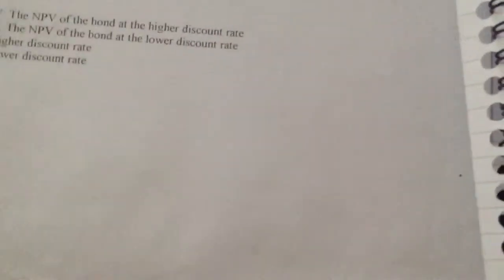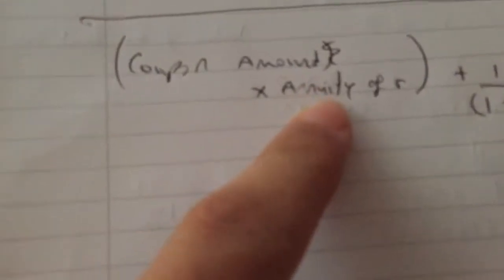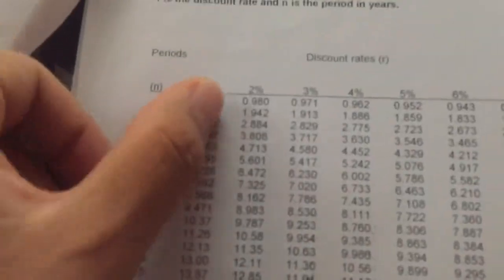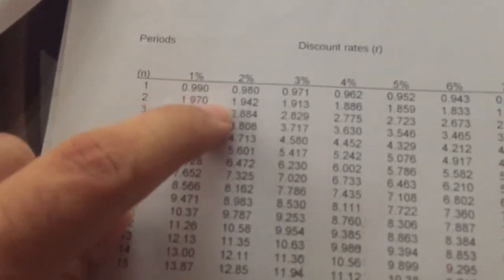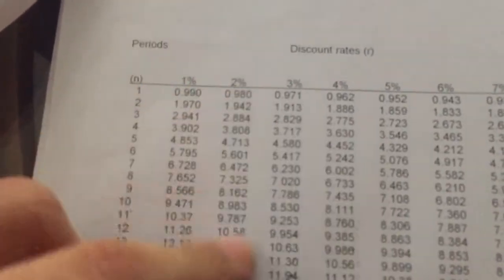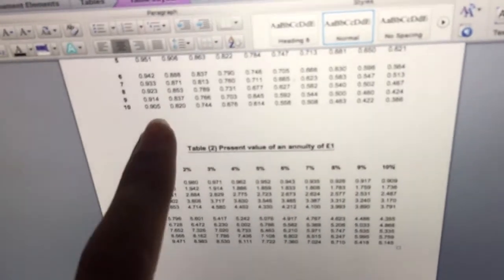Basically, just so you understand, where it says annuity of R, you know you're looking at the right table when each year the value increases a bit. There's another table where it's always zeros, even in the 10th year it's 0. That's the wrong one.